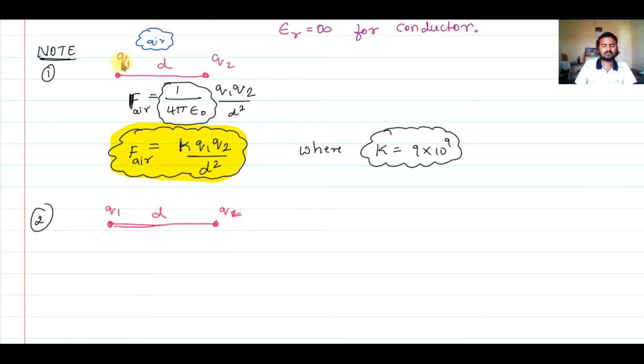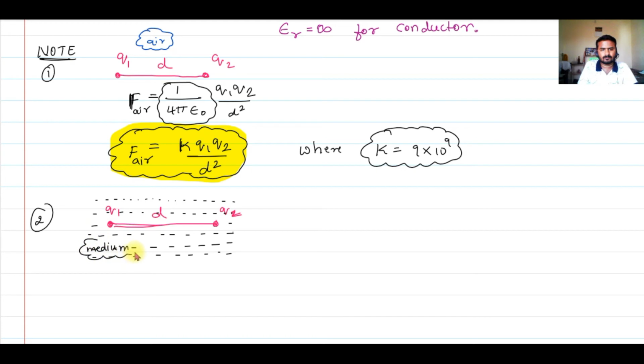Now I'm going to keep these two charges in some other medium, say some water medium. So we kept these two charges in some other medium now. Okay, now how much will be the force between them? What will be the formula?